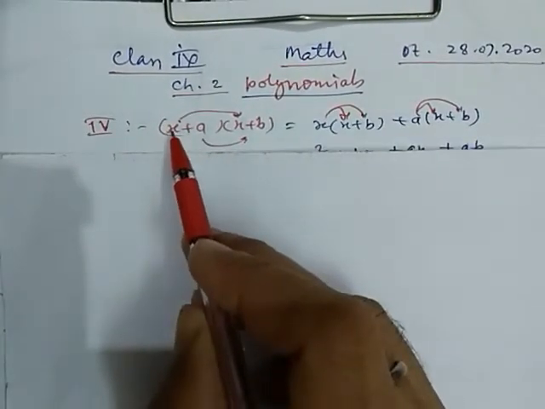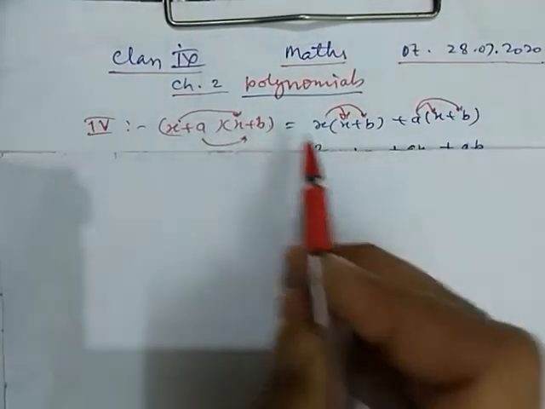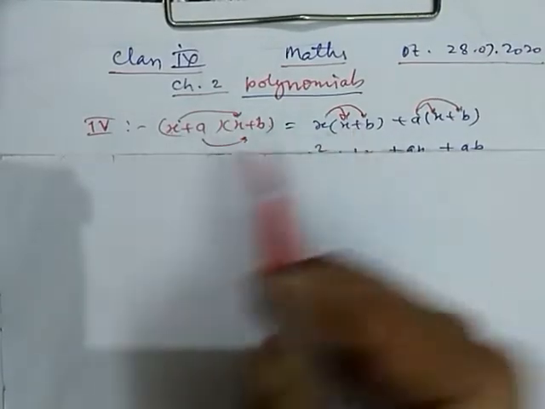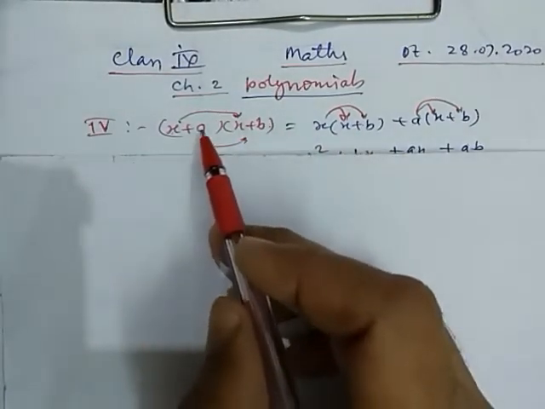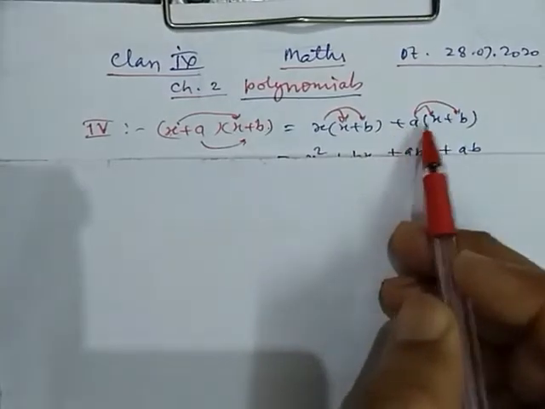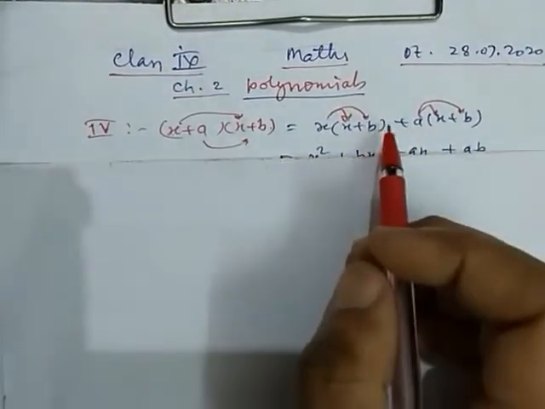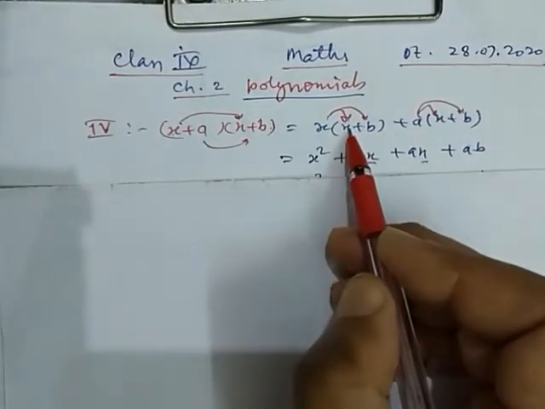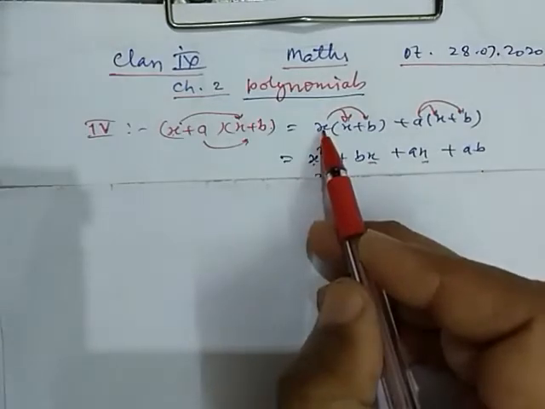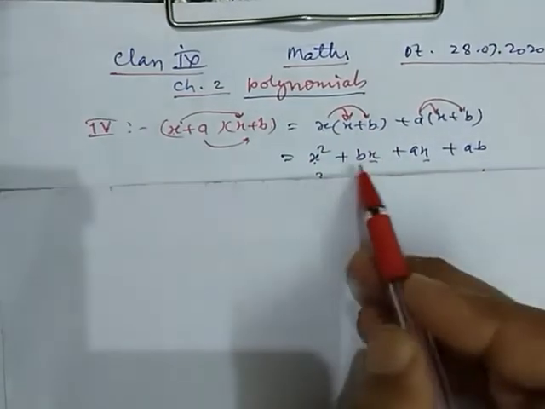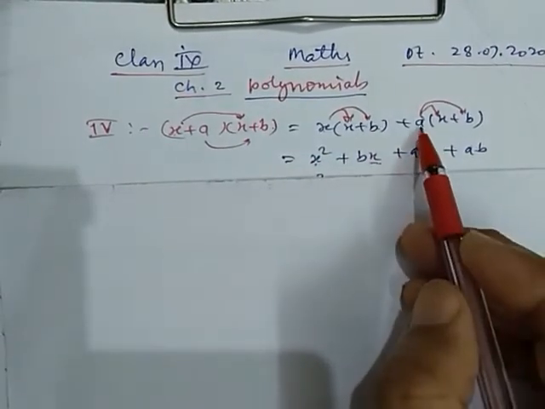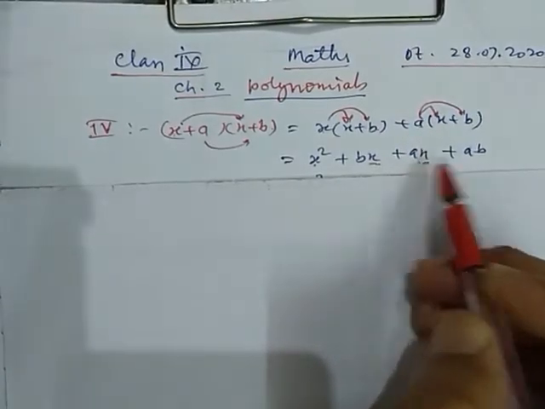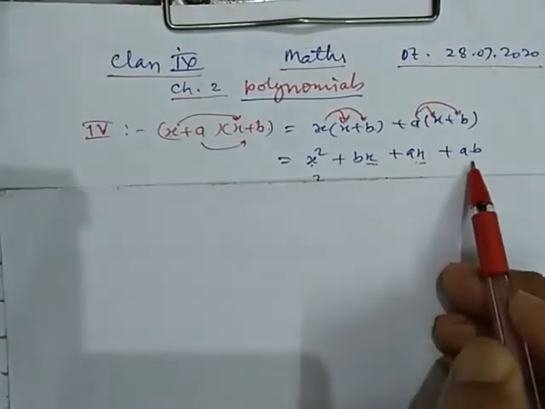First we multiply this x by this (x plus b), so x into (x plus b). Now we multiply this a by (x plus b), so plus a into (x plus b). Now multiply this x by x, which is x square, and x by b, which is bx. Now a into x is ax and a into b is ab.